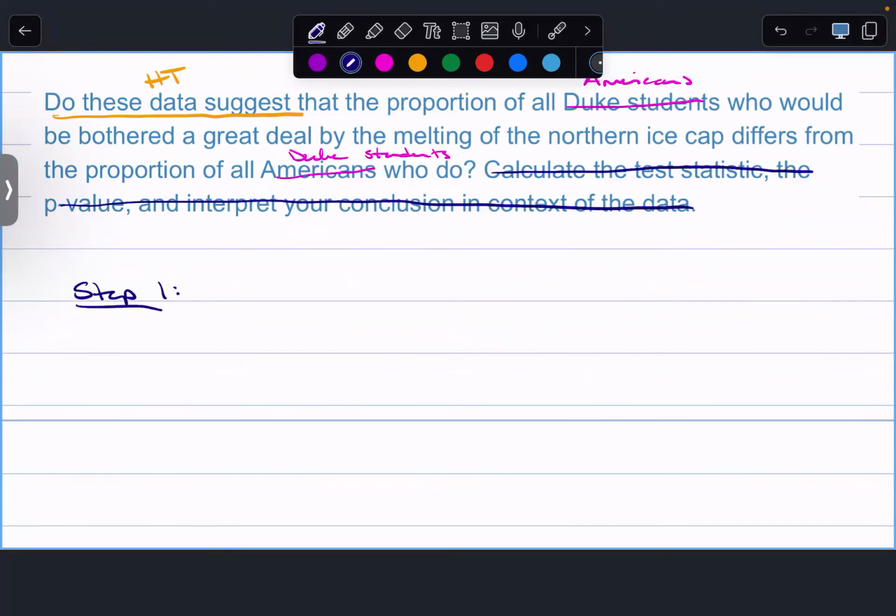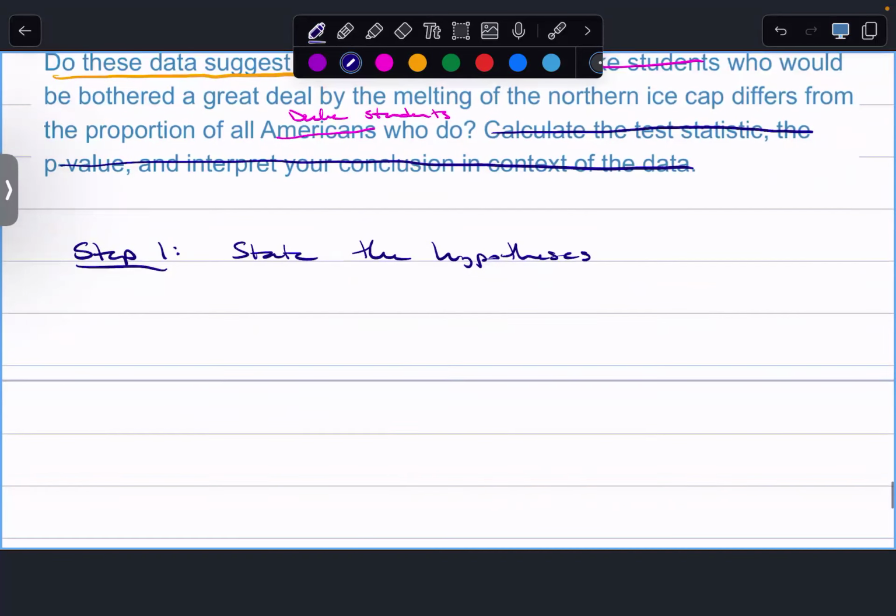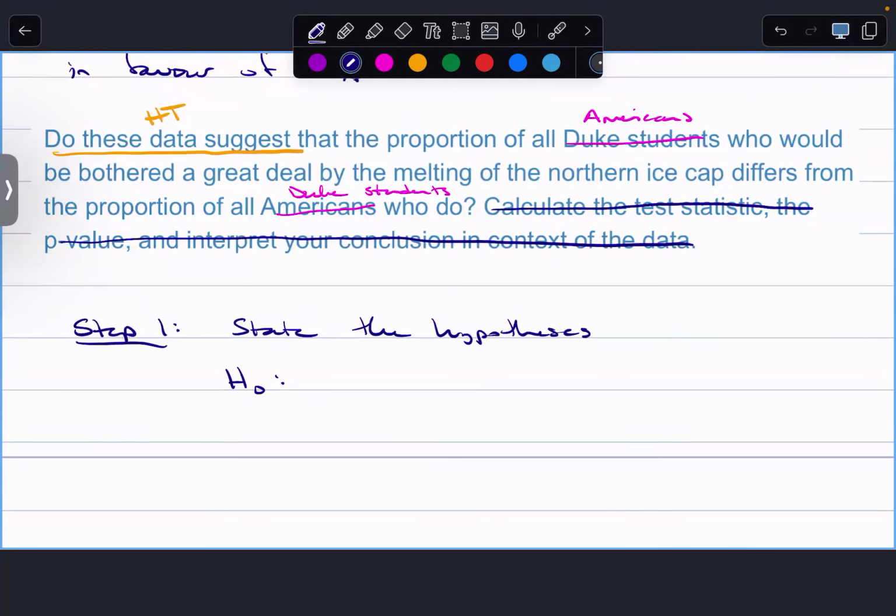Step 1, state the hypotheses. We've already done that, sort of. Just remembering I forgot to do the conditions. That's okay. State the hypotheses. The null hypothesis is P1 minus P2. So I'm going to use P US minus P Duke, like we had earlier.